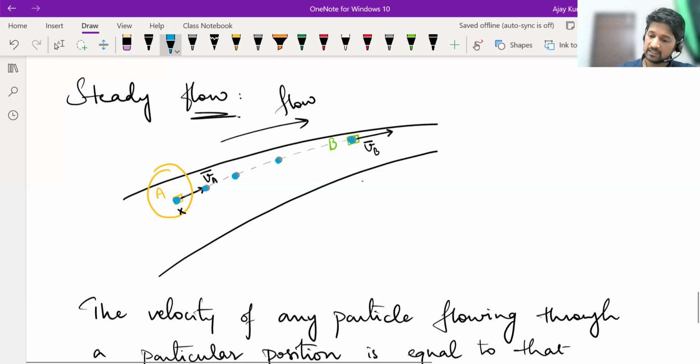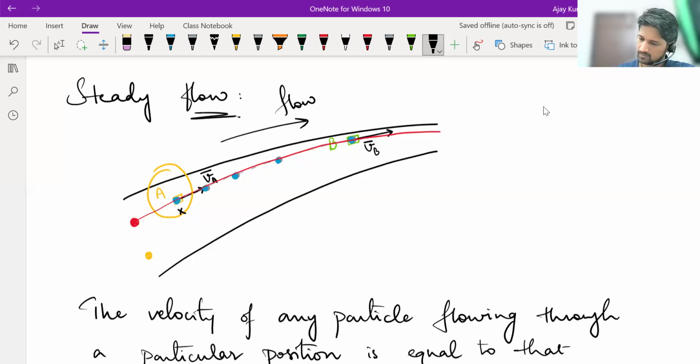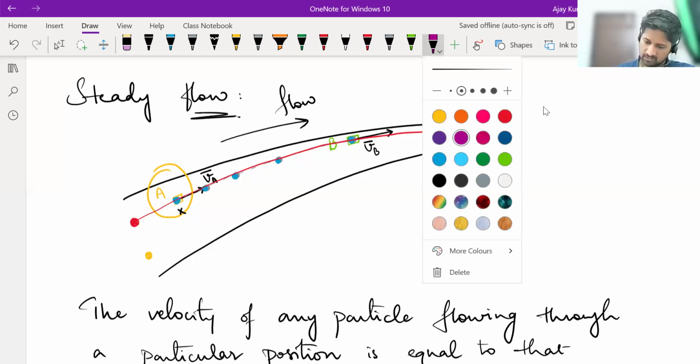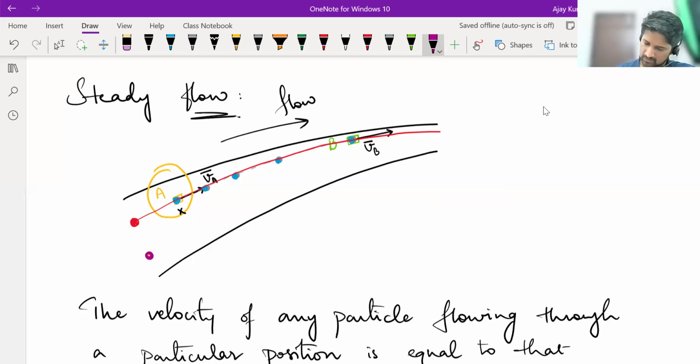Okay, that means there will be fixed paths along which the particles will flow. Any particle starting from here has to flow along this path. Similarly, you can take another path also. Let me use a different color. Any particle that starts from this position, suppose one particle went this way along this path, every other particle which starts from there will follow the same path. Why?